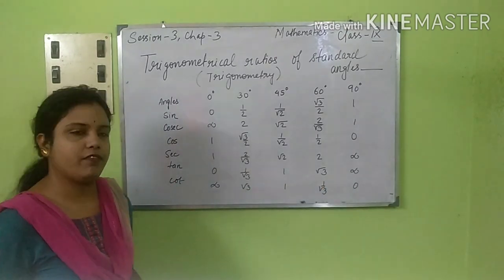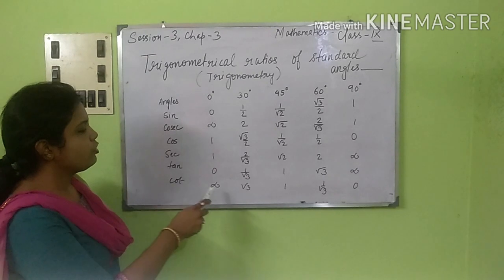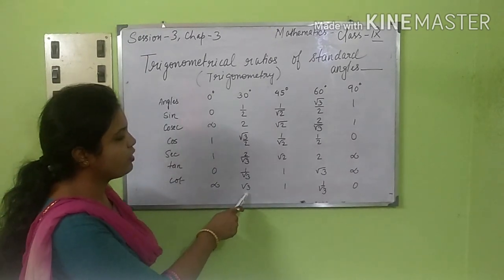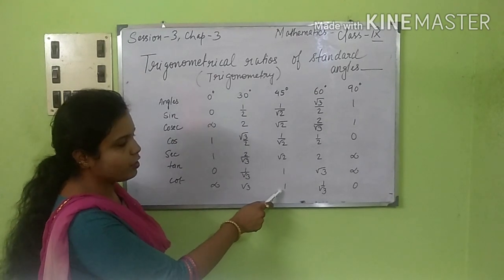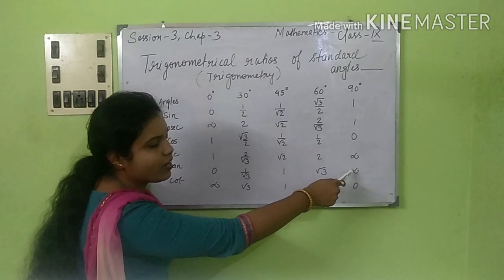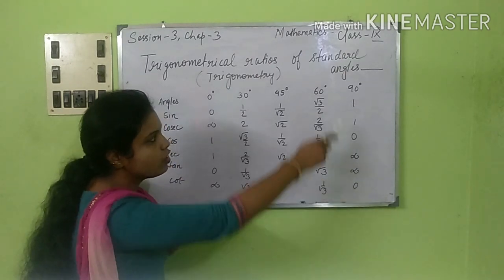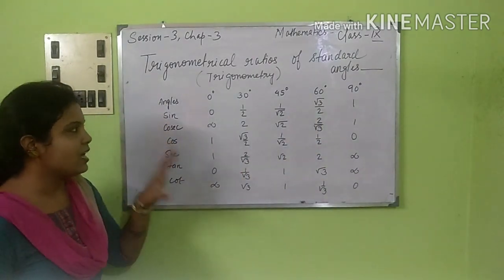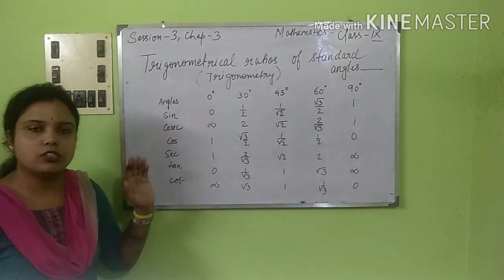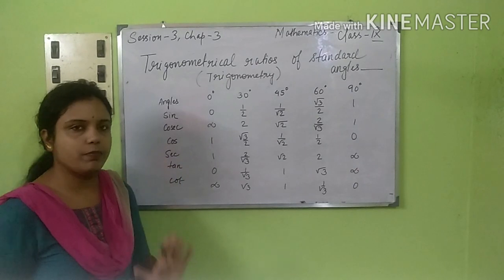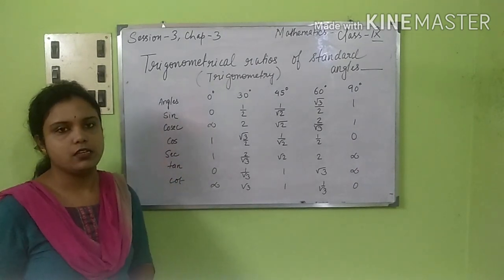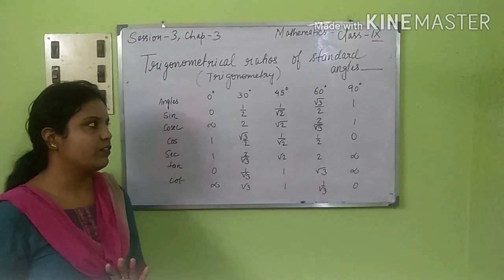For cot, 1 by 0 means undefined, then 30 degree has root 3, 1 for 45 degree, 1 by root 3 for 60 degree and 0 for 90 degree, since 1 by undefined gives 0. So these are the values of the different trigonometrical ratios for these angles. This is very important. This table will not be given in your exam. You have to learn it and solve the questions that are going to be given to you.